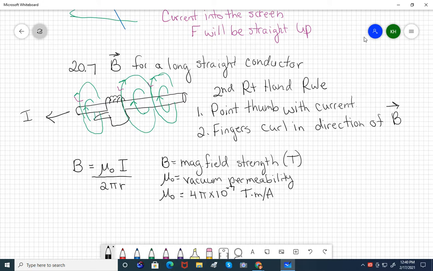So crazy units like lots of our constants. I, of course, is current. And r is the distance from the center of the wire.